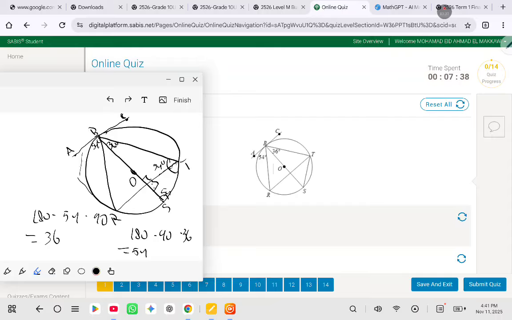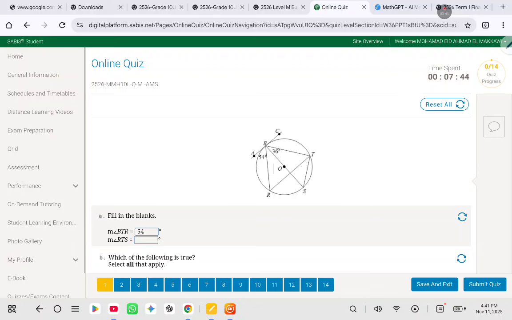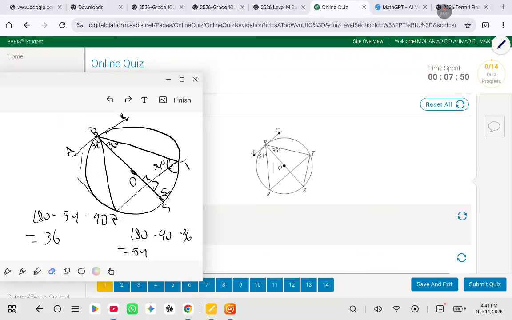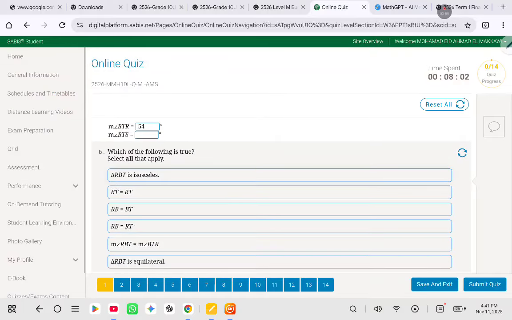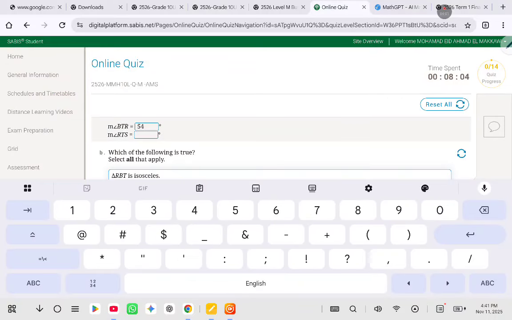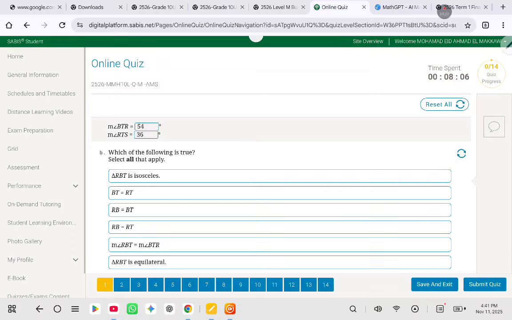Also you can kind of argue that 36 is looking at this arc, and this 36 is also looking at this arc. So you can kind of do that as well, right? So this is 36.